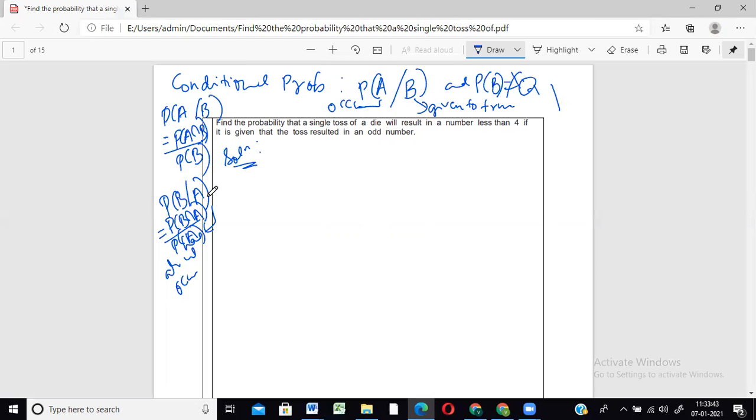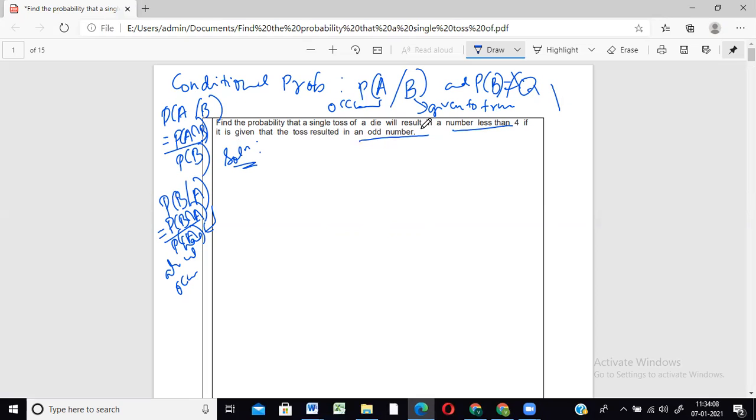As I said, now you have to find the probability of occurrence of one thing such that another given thing is true. So here they are basically telling you two main statements: the probability that a single toss of a die will result in a number less than 4 if it is given that the toss resulted in an odd number.